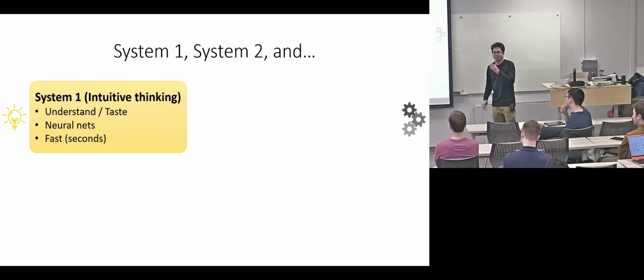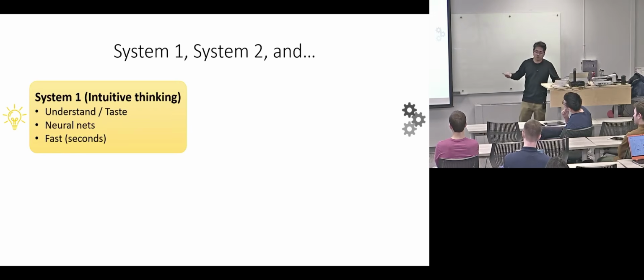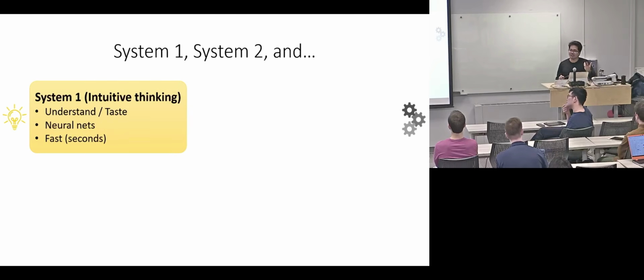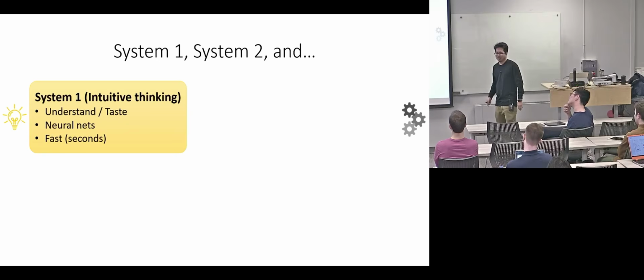Daniel Kahneman says that every person has two ways of thinking. There is intuitive thinking, when you understand something or you know the taste of something, it's really fast. Imagine that I ask you what is 2 plus 2, then you can instantly answer that because it's in your mind.